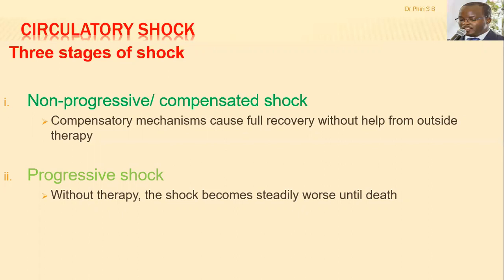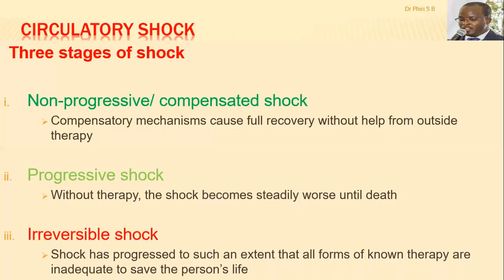Then you have the progressive shock. Progressive shock means that without therapy, the shock becomes steadily worse until death. So when the shock is becoming progressive, intervention is necessary. Without intervention, it will progress into irreversible shock.